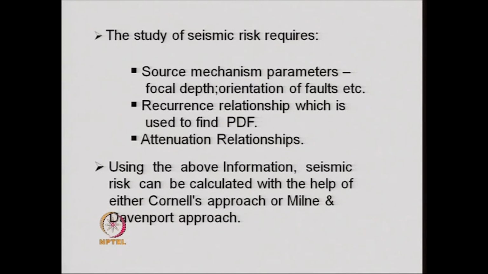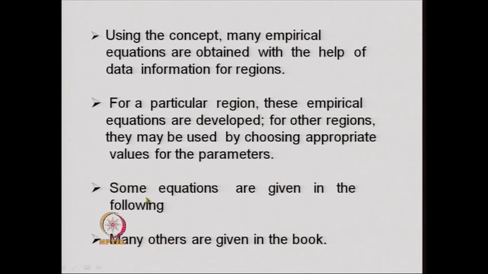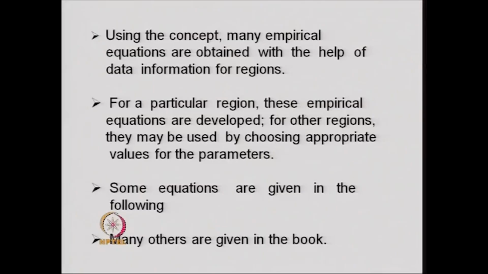There were certain methods which were the classical methods, and they were proposed by Cornell and Davenport. Using their concept, many empirical equations were obtained with the help of data for a particular region. For a particular region, these empirical equations have been developed.